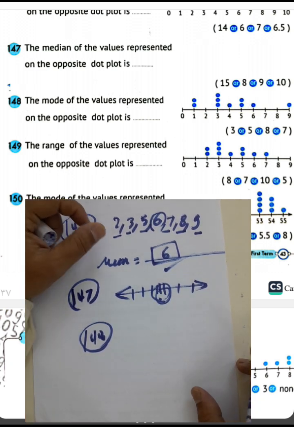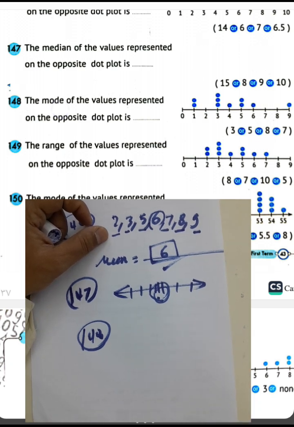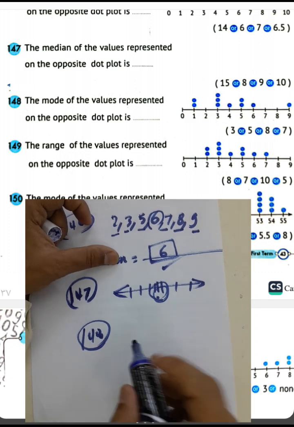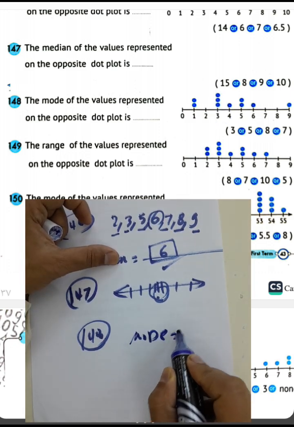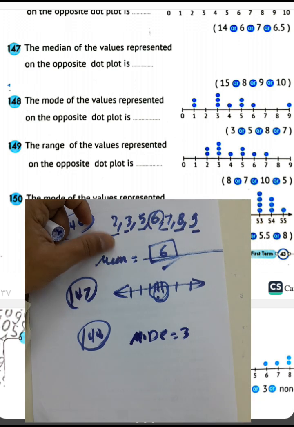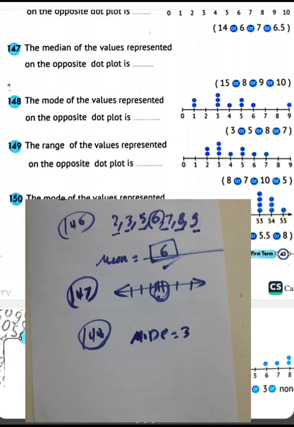What's the number that is the most repeating? The mode will be equal to 3, because 3 is repeating 3 times. It's the most repeating, and we call it the mode. 3 has a lot of points, so 3 is the mode.